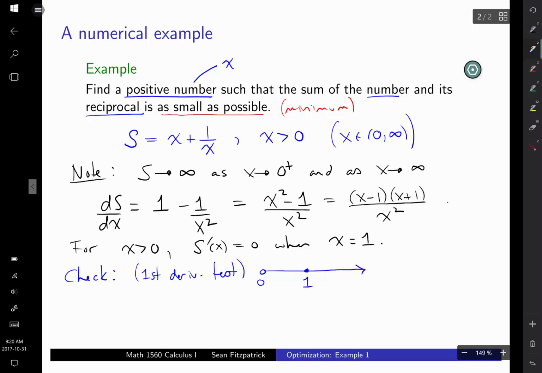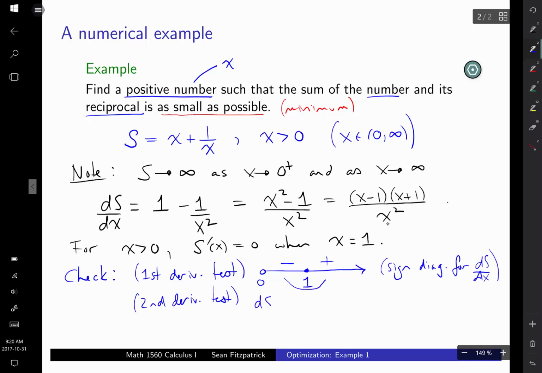And this is the sign diagram for the derivative, right, for ds dx. And we can see that if x is bigger than 1, ds dx is positive. If it's between 0 and 1, ds dx is negative, and so we do see that we're going from decreasing to increasing, so we have a min.